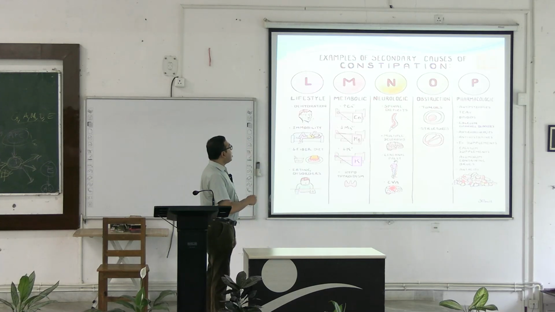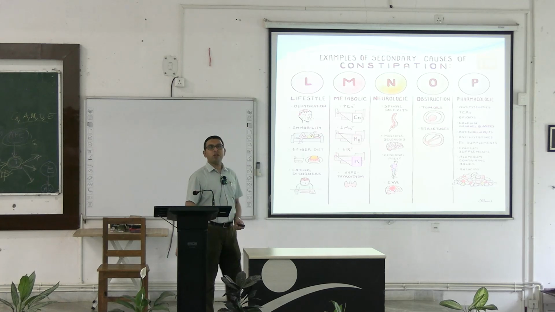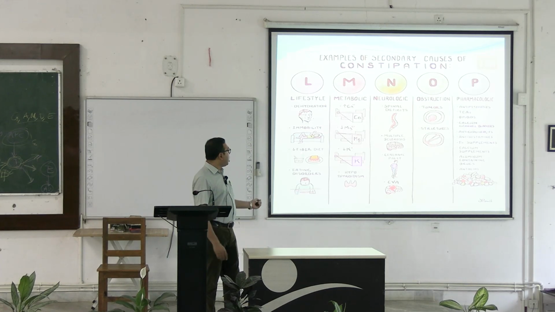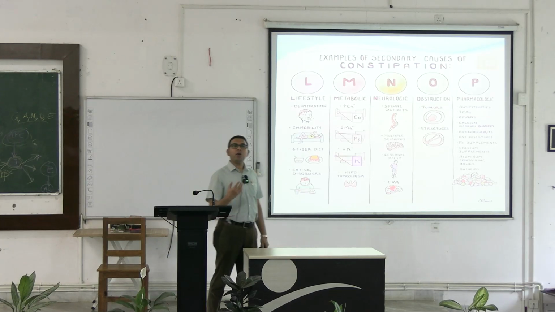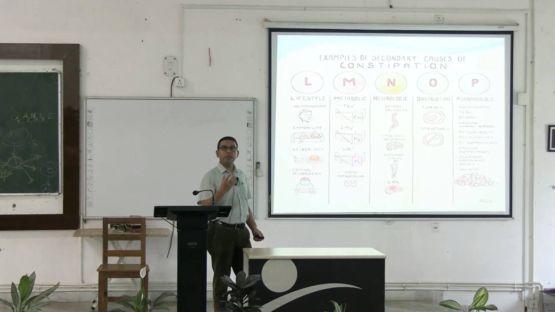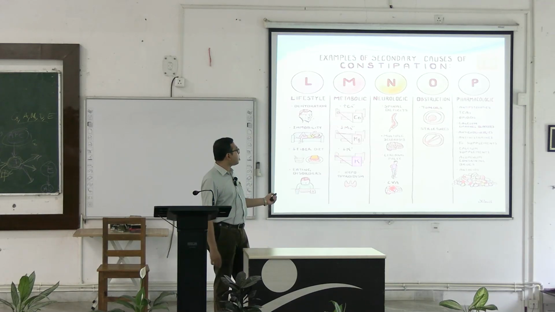So you can see these are the secondary causes of the constipation, like if there is some dehydration, if there is some immobility for a long period of time, decreased fiber diet, eating disorders, if there is some anorexia nervosa, bulimia nervosa, these are the eating disorders that lead to constipation.